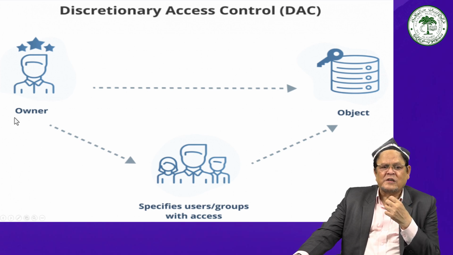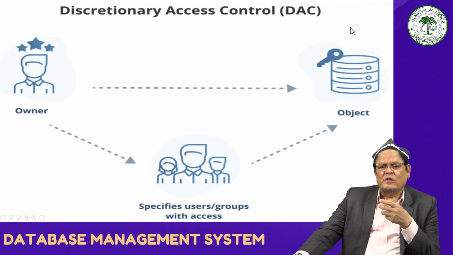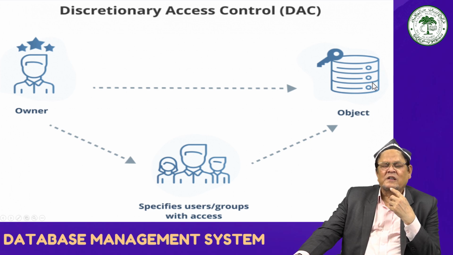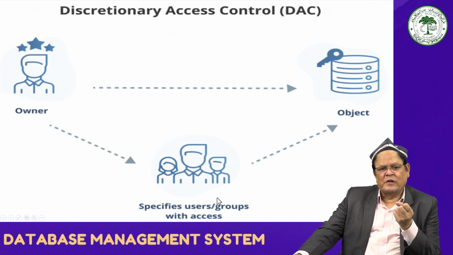If the owner gives a group of users permission to update, modify, or delete, then the group of users can access the resources and the data available on the object. They can delete also. But the main thing is that the authorization can be revoked.